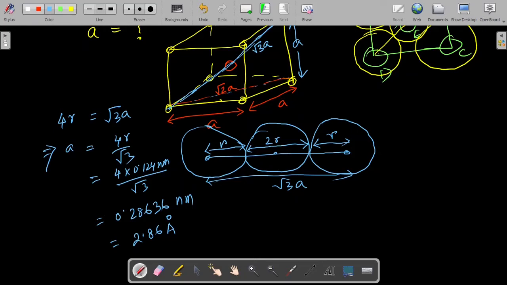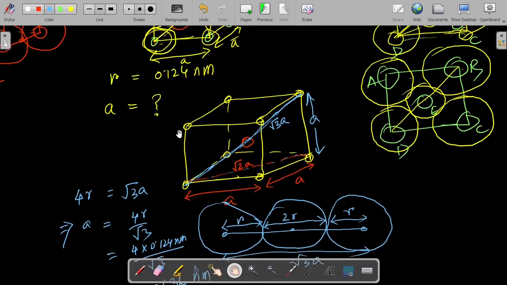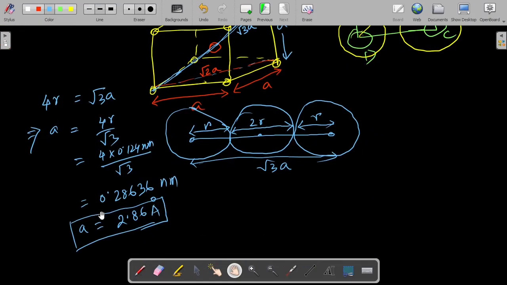So that's your result. The lattice parameter of the iron at room temperature, having the atomic radius for each of these iron atoms 0.124 nanometer, would have a lattice constant of the BCC crystal structure to be 2.86 angstrom. That's your second question.